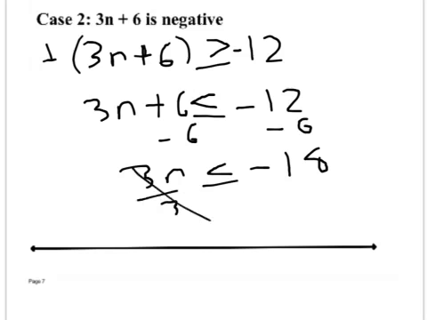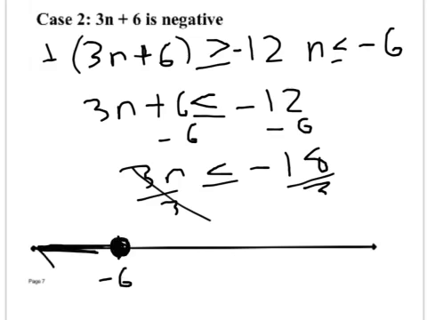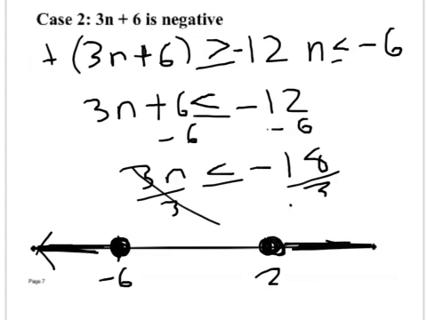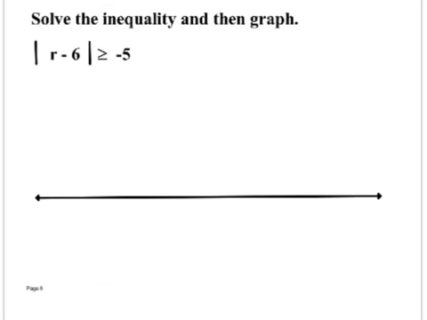Divide by 3. n is less than or equal to negative 6. So we graph that: n is less than or equal to negative 6, going this way. We also need to graph n is greater than or equal to 2. So there we go.